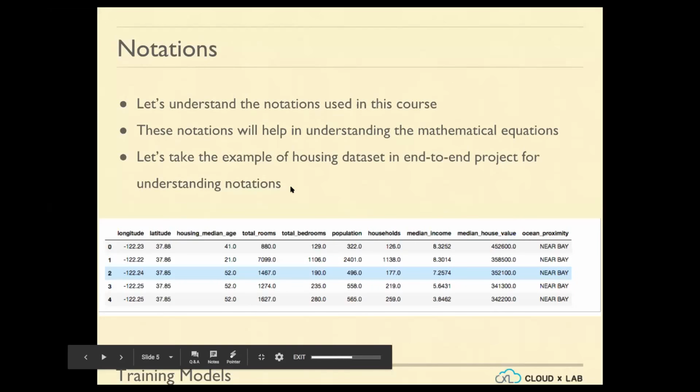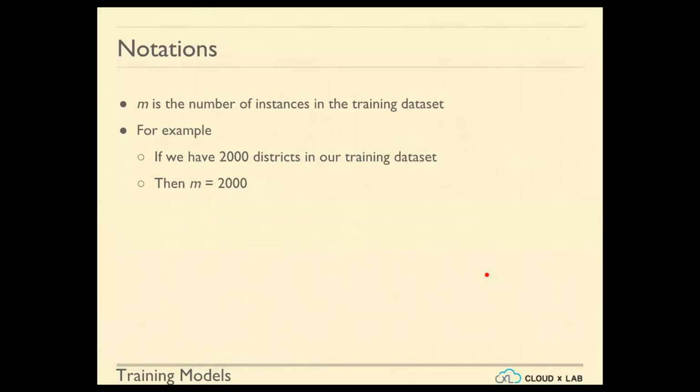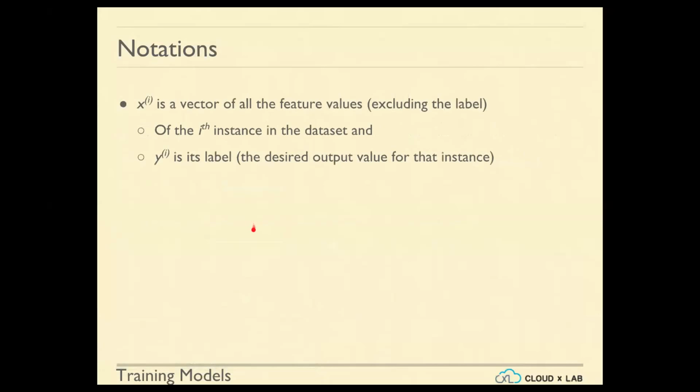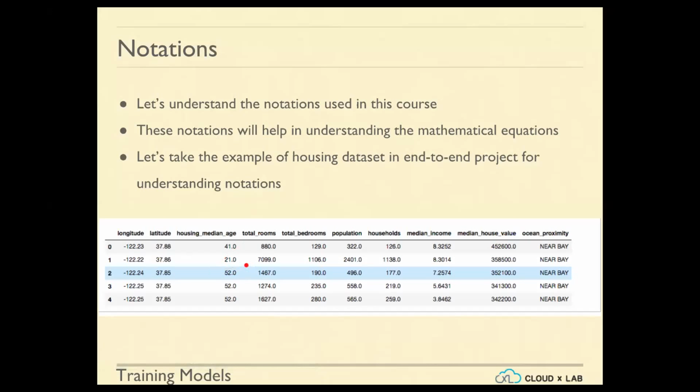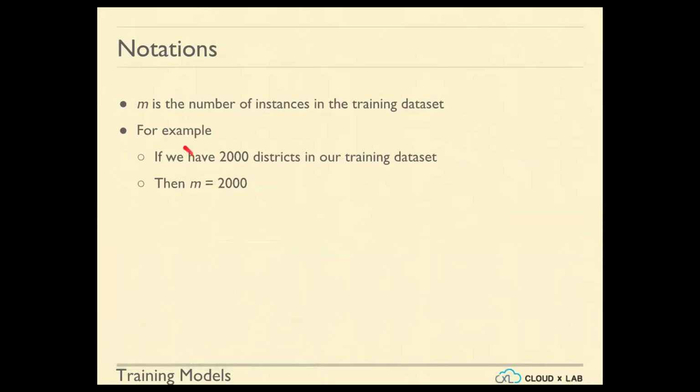All right, so this is the data that we are actually processing right now. It has longitude, latitude, and so on, and it has around 2000 districts in the data. The way we keep notations is m is the number of instances, so m equals 2000, the number of rows.